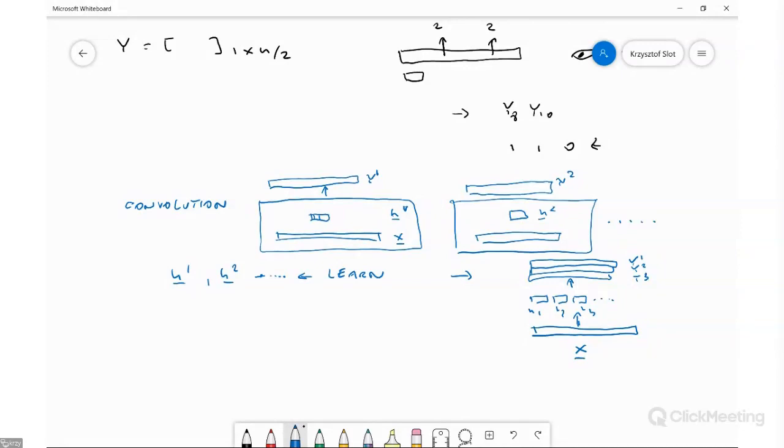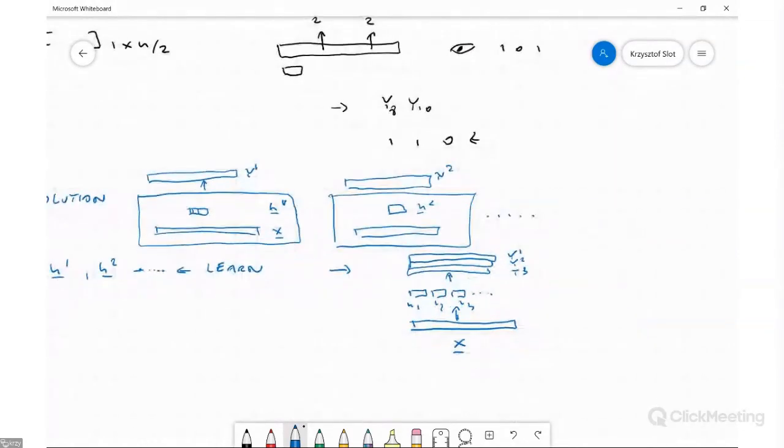I will say that all these filters form something that I will call a convolutional layer. Convolutional layer. So this is the first step, or the first part of processing of input. I will have several different filters.